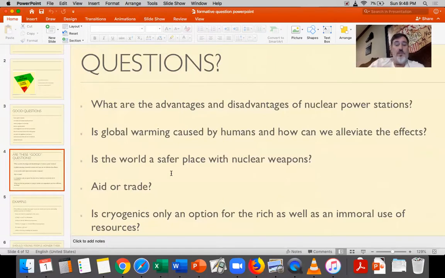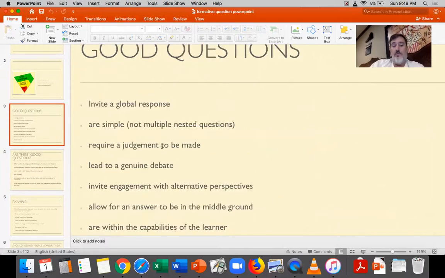But what are the advantages and disadvantages of nuclear power stations? So think about that for a minute. What are the advantages and disadvantages of nuclear power stations? Run it through your list. Does it invite a global response? Sure. Is it simple? Yeah, it's relatively simple.